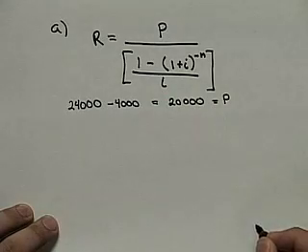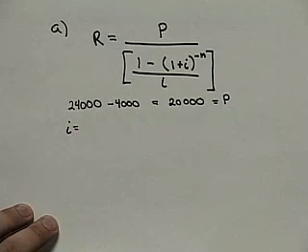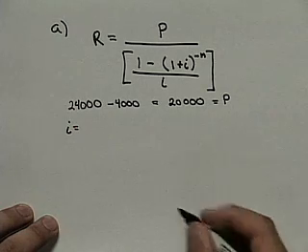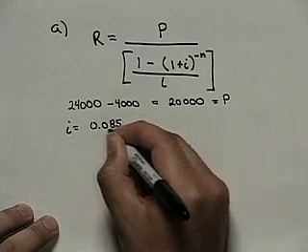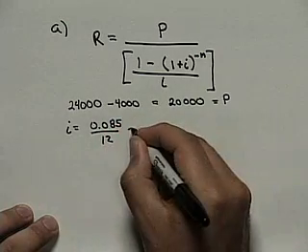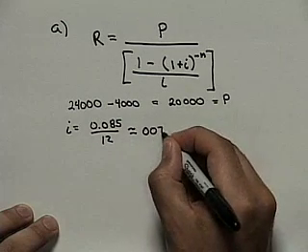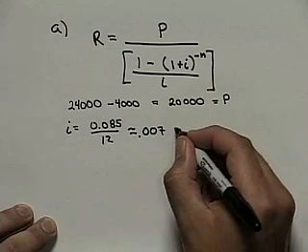Now the next thing we need to find out is what our value of i is. Now i is the interest rate, and our interest rate we were given was 8.5%, but since this is being compounded monthly, we need to divide that by 12. So i has the value of 0.085 divided by 12, which is equal to approximately 0.007083.